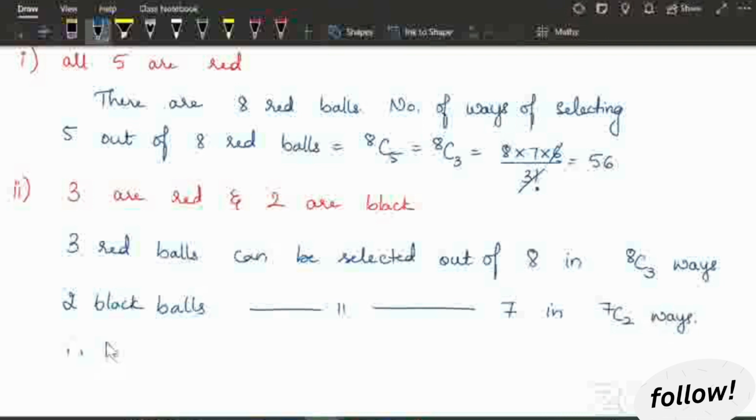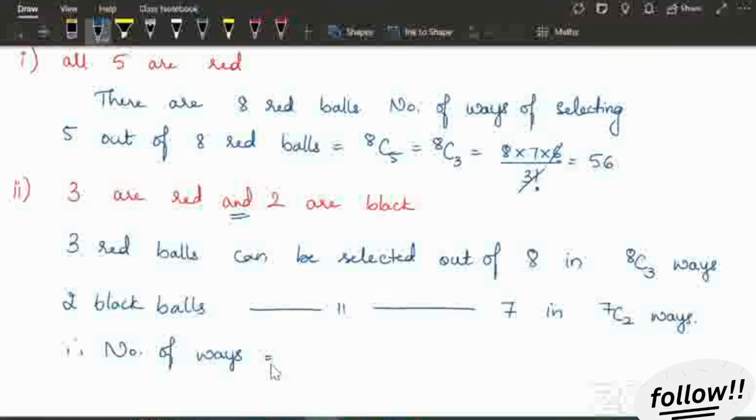Therefore, the number of ways is equal to the product of these two, because the question is not select 3 red balls or 2 black balls. Here we need to select 3 red balls and 2 black balls, right? If we have "and", we are going to use the multiplication rule.